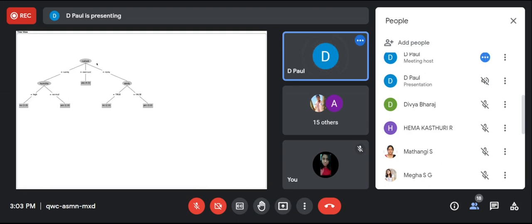decision tree. Outlook is kept as the root node, and under Outlook we have the subsets sunny, overcast, rainy. Under sunny, if humidity is high, then he or she can't play. If humidity is normal, yes, he can play.